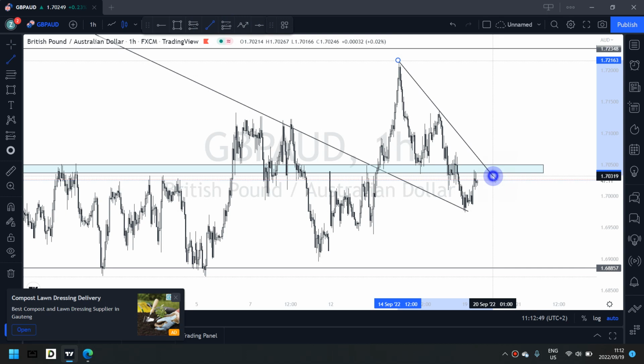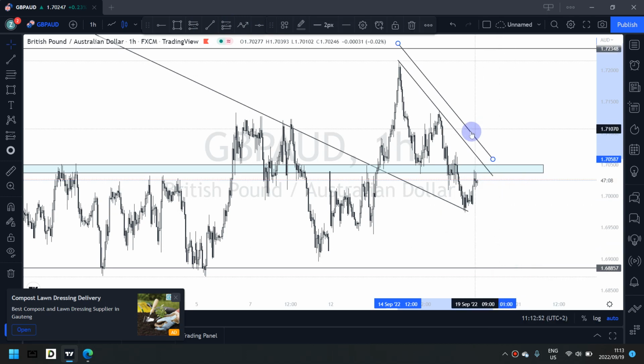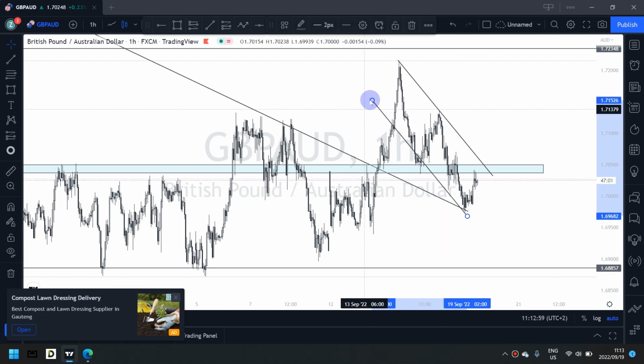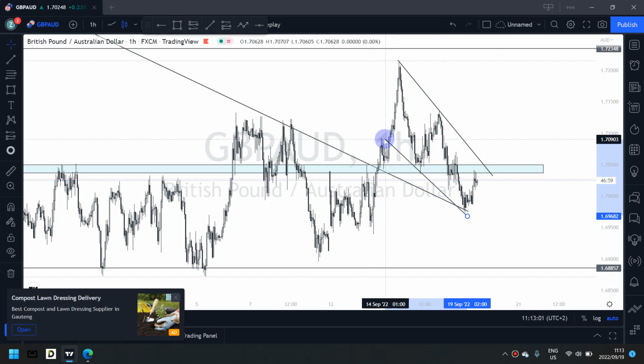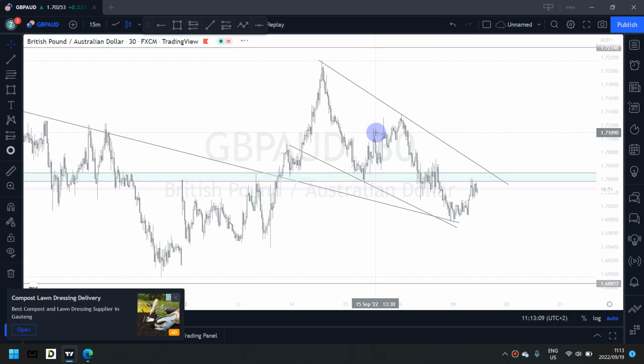I'm seeing that this is a downtrend from this pair, which is not even an hourly time frame trend. It's a 15-minute time frame trend. Let me see.